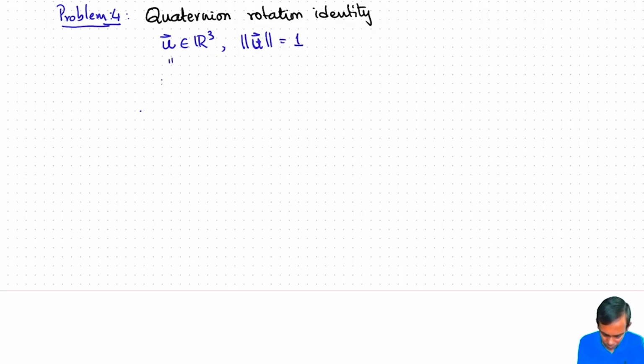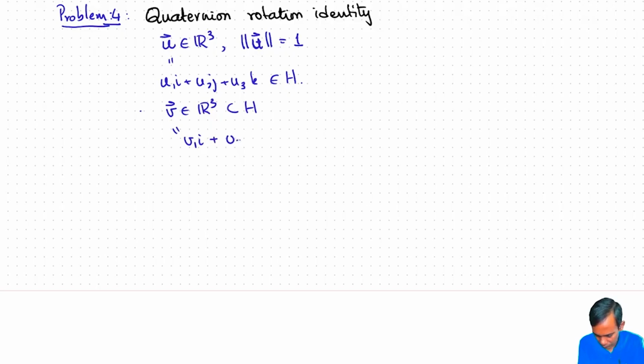So u is equal to u1i plus u2j plus u3k in the quaternions. And I will think of vector v in R3 again as a quaternion. v is v1i plus v2j plus v3k.